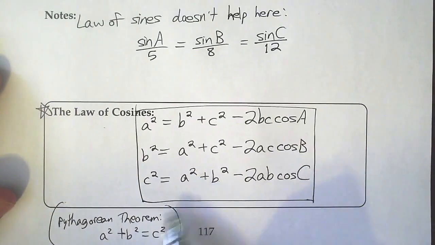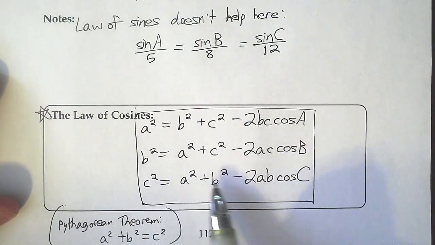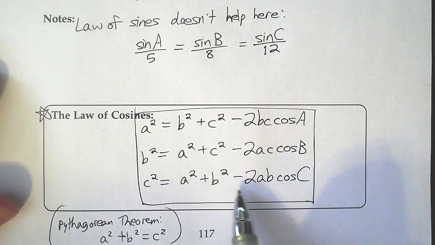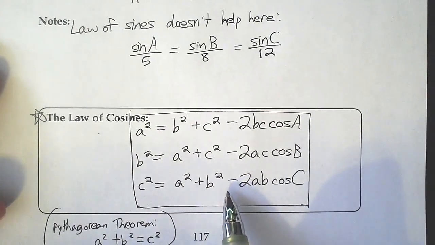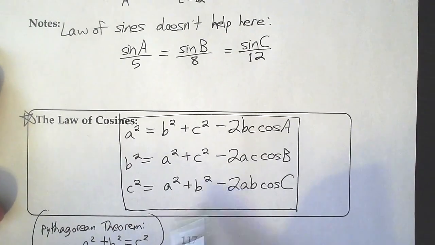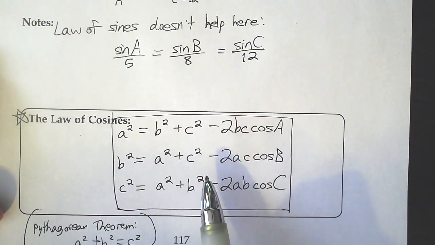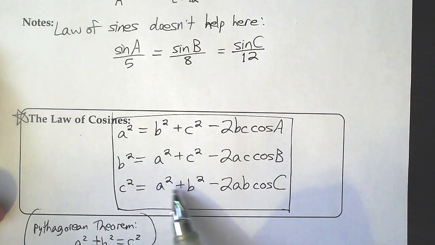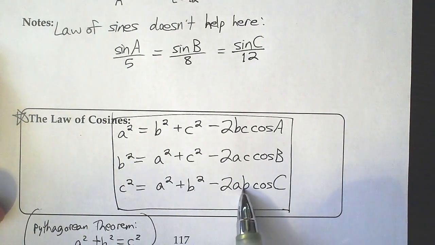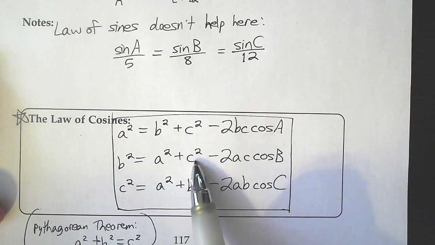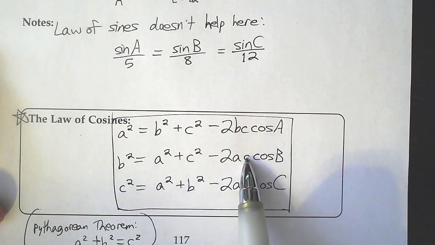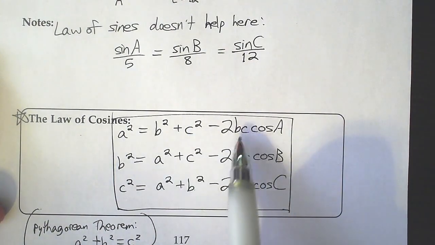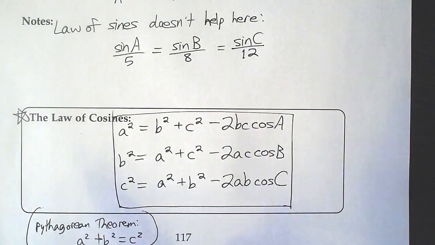I don't know if that helps you remember it, but a squared plus b squared equals c squared is kind of embedded within the law of cosines. You can also notice that the two letters used here are the two letters used here: AB, AB, AC, AC, BC, BC. So they all have the same structure. All right, let's look at a problem.